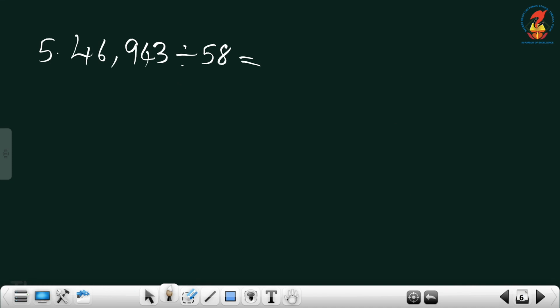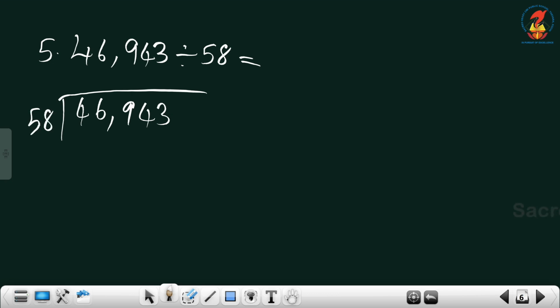Fifth one I will give. 46,943 divided by 58. Okay, the first digit is 4, and 4 is less than this, so we need to consider 2 digits together, that is 46.